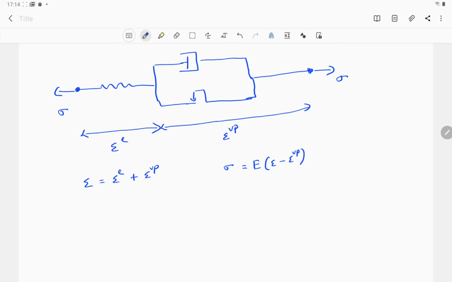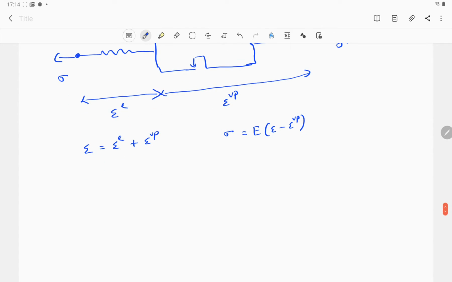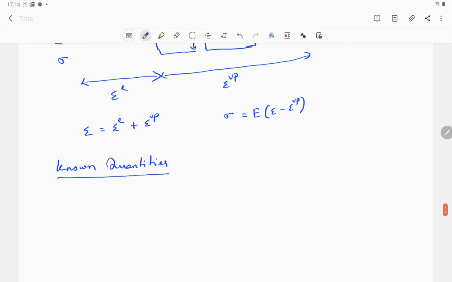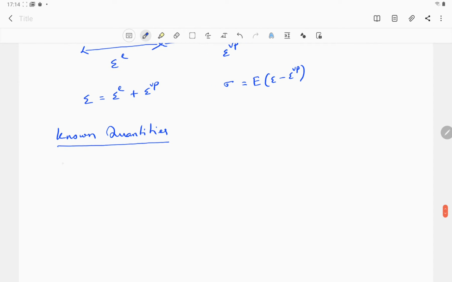Fine. Now say epsilon is known. Okay, so for the given problem, epsilon will be known, and so known quantities. So all the material parameters are known. In addition to that, the state variable epsilon for the current state, or n plus 1th state will be known.